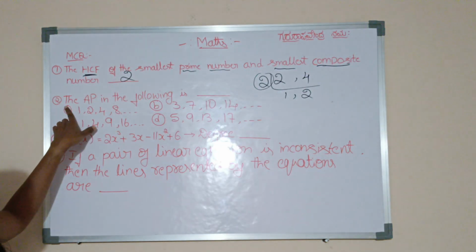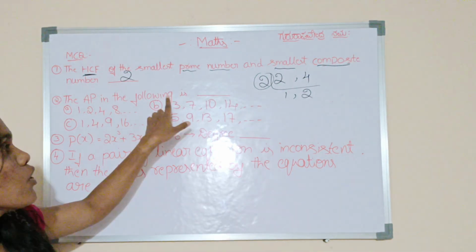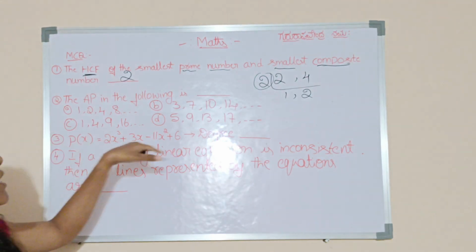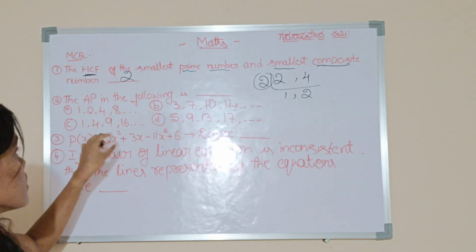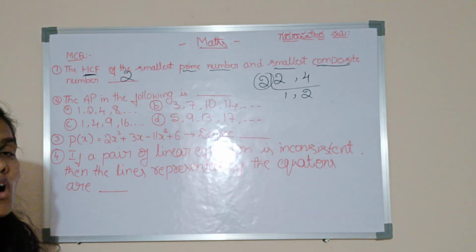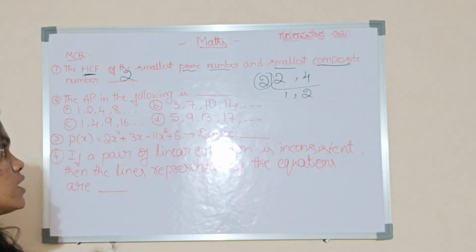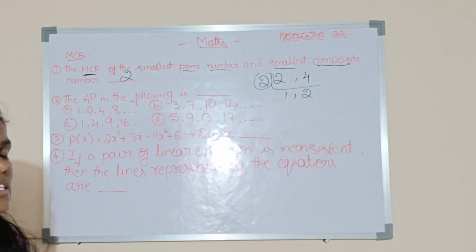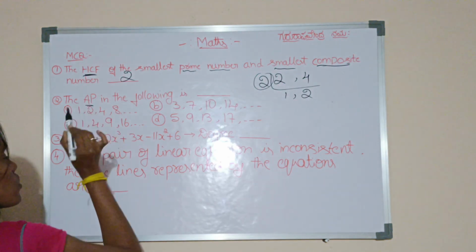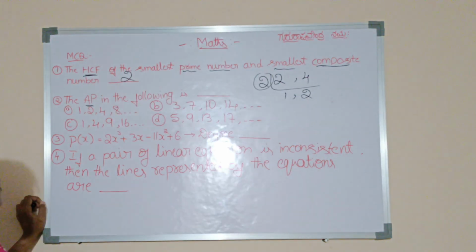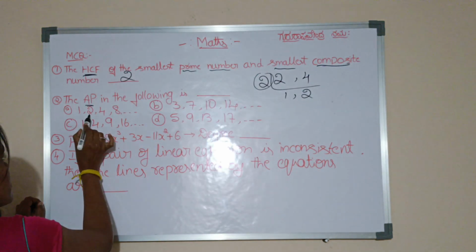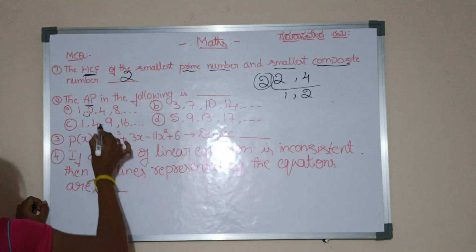Come to the next question. The arithmetic progression in the following is. They are asking which one will be arithmetic among these 4. If common difference will be same for given progression, then we can say that one will be arithmetic progression, that is AP. Difference between these two, how much? That is 1.